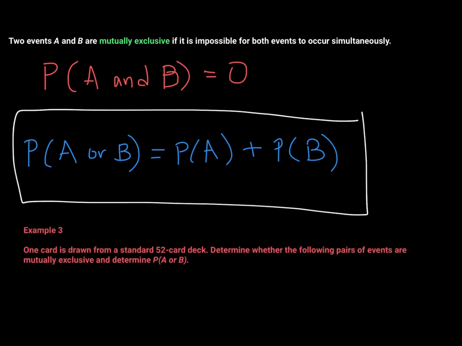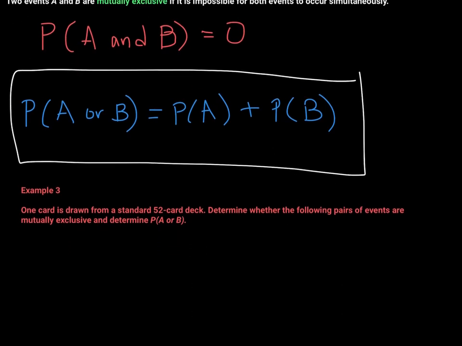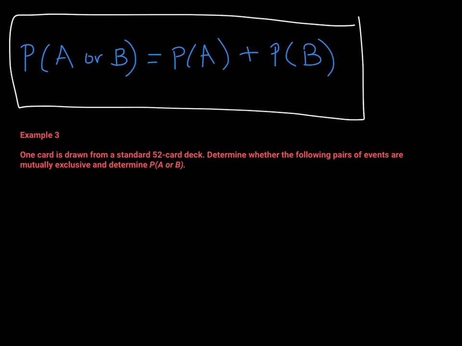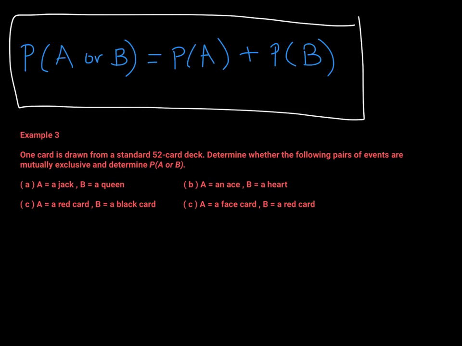So in this next example, we're talking about a card that is drawn from a standard 52 card deck. And we want to determine whether the following pairs of events are mutually exclusive and then determine the probability of A or B. All right, here are the pairs of events. So the first case is us drawing one card from the deck.